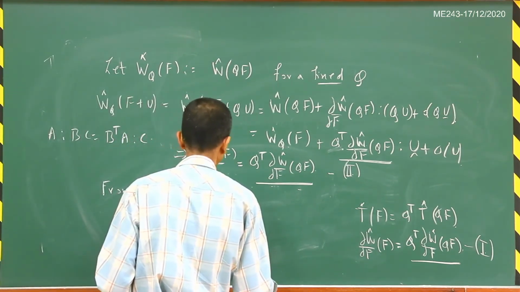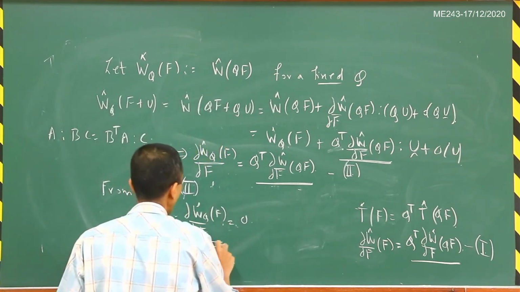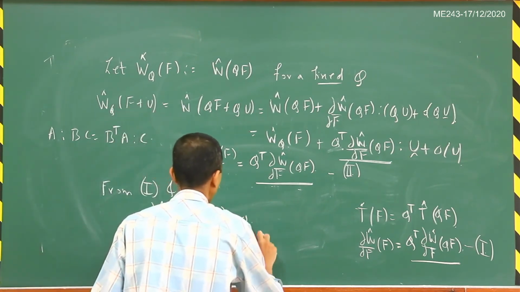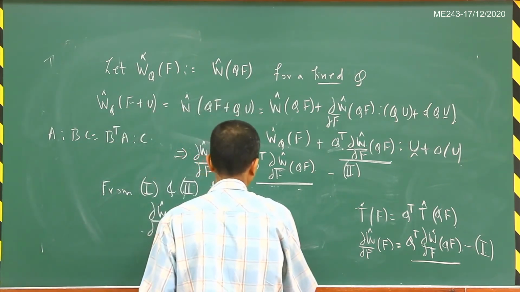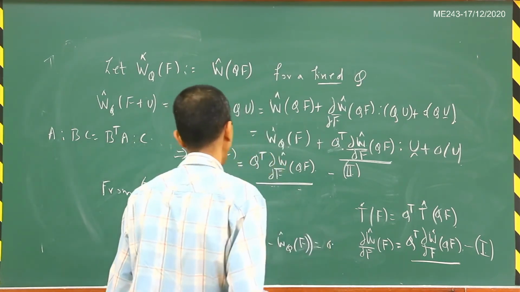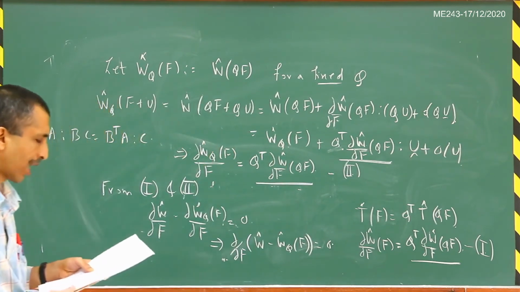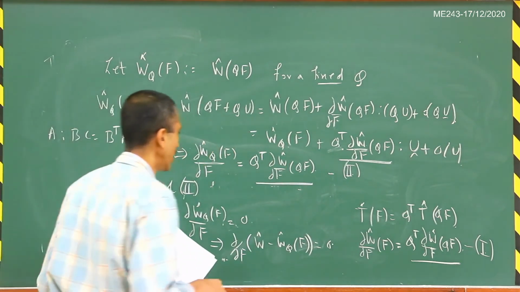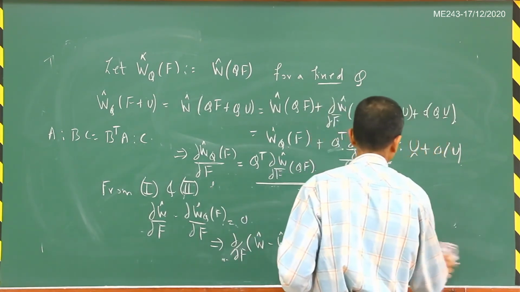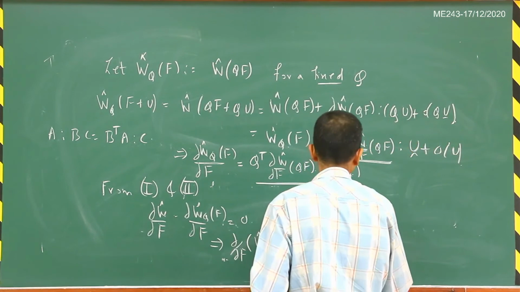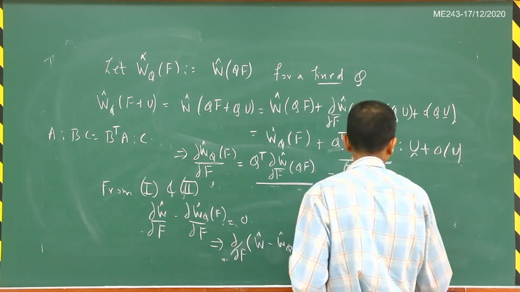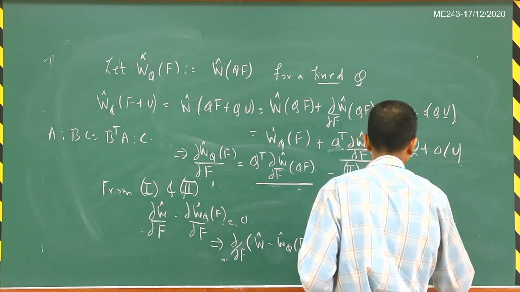This implies that del by del F of W hat minus W hat of Q of F is equal to 0, where I am just taking the derivative sign outside. And this is valid for all F belonging to lin plus and Q belonging to all plus.